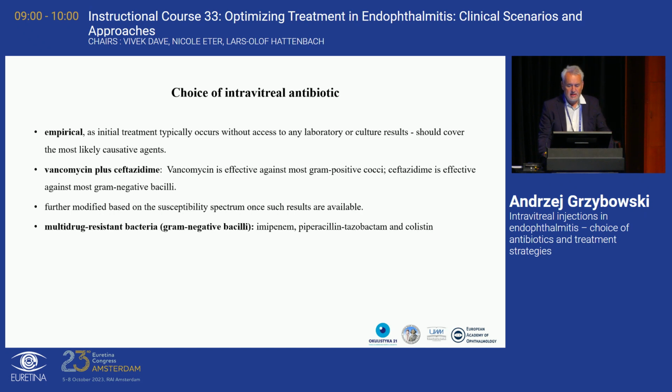Vancomycin is effective against most gram-positive cocci, ceftazidime against most gram-negative bacilli. And then it is further modified based on the susceptibility spectrum once such results are available. For cases when we suspect multi-drug resistant bacteria, including gram-negative bacilli, we can use imipenem, piperacillin, tazobactam, and colistin.